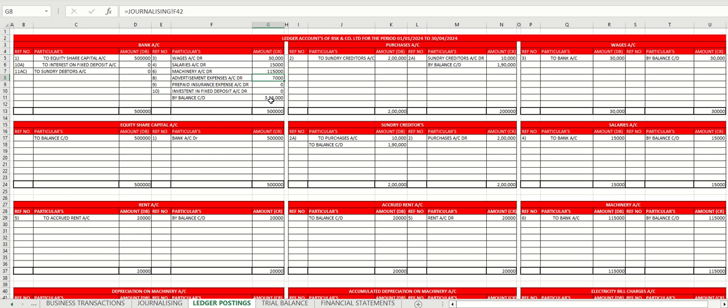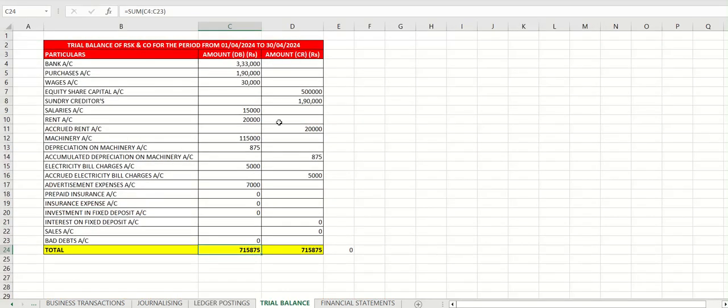What is the net balance? Which is 333,000. Now let's see how these balances are required to be updated in the trial balance. See, 333,000 adjusted bank account balance and my advertisement expense account. The trial balance should get matched up, because as we have been following double entry, there will not be any discrepancy between debits versus credits.